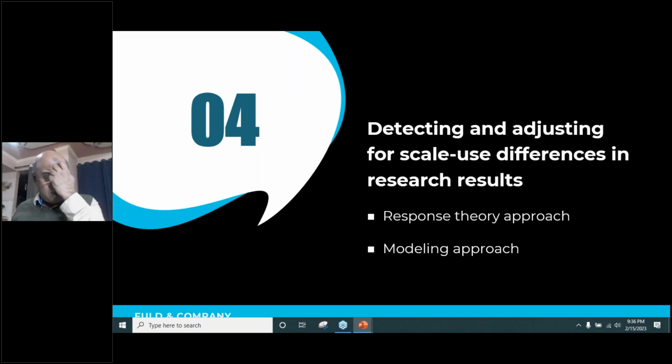So there are two types of approaches, basically. A response theory approach, which talks about how respondents go from looking at a question to answering it. The usual process that has been hypothesized is that respondents look at a question, and that triggers some long-term memories or sometimes short-term working memories.